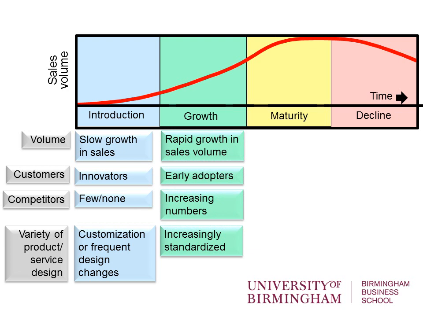Okay, in the growth stage, there's rapid growth in sales volume. Early adopters are moving into the market. Prices are dropping rapidly. Competitors start to increase in number, and at this stage, designs are starting to become standardized.